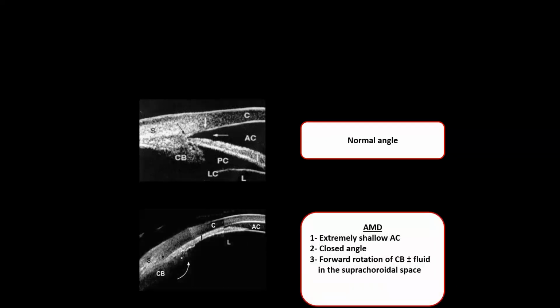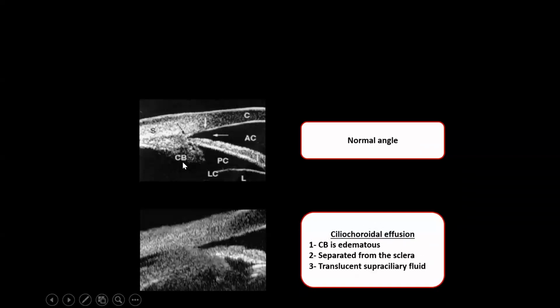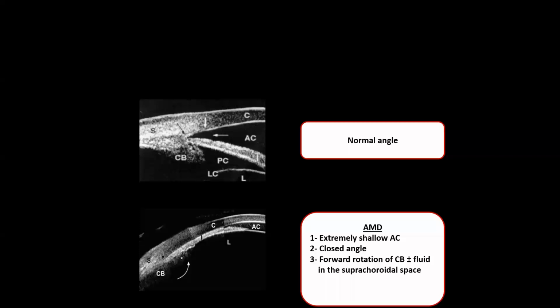Now, on the other hand, if you have done UBM and it showed you an extremely shallow anterior chamber with closed angle and forward rotation of the ciliary body with minimal or no suprachoroidal space fluid, but a flattened ciliary body, opposite to what you have in ciliocoroidal effusion, then we are having a picture of aqueous misdirection.